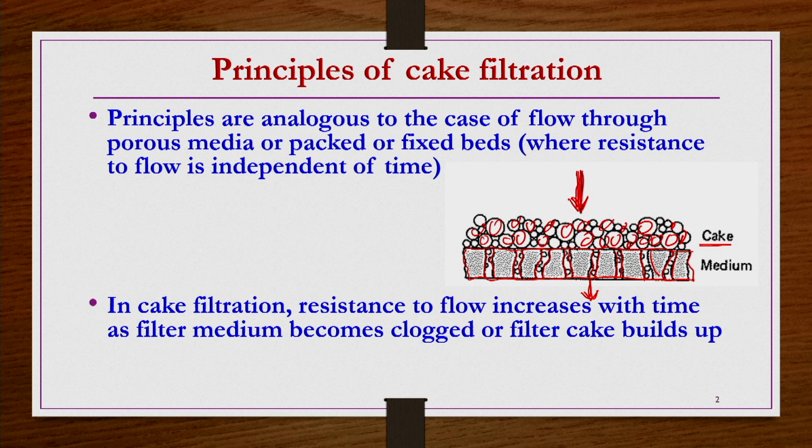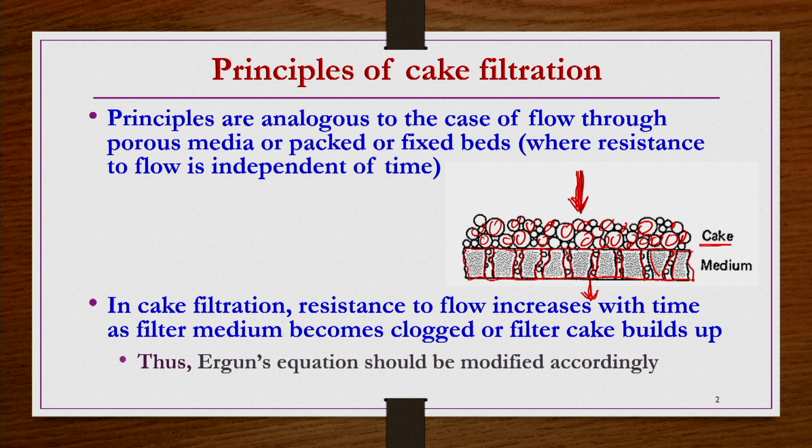So, in cake filtration, resistance to flow increases with time, as I mentioned, as the filter medium becomes clogged or the filter cake builds up. Thus the Ergun equation should be modified accordingly to bring in the effect of filtration time, cake formation, clogging of filter medium, or building of cake, whatever the reasons are. So, how to bring those concepts in?